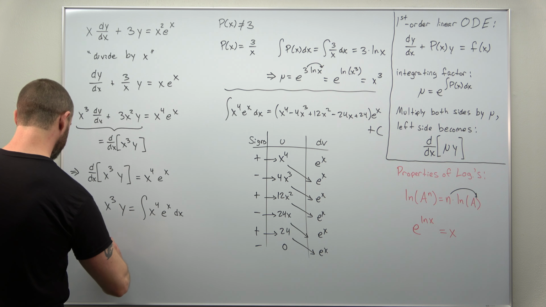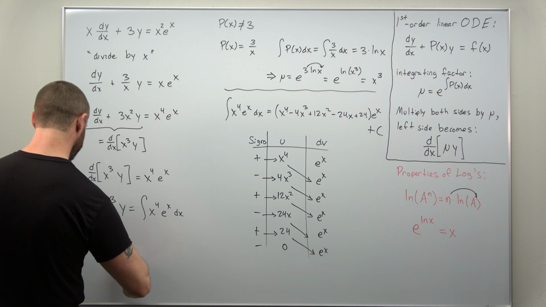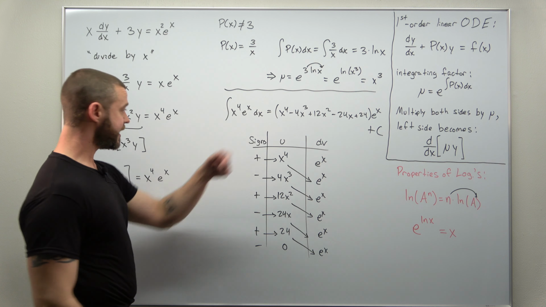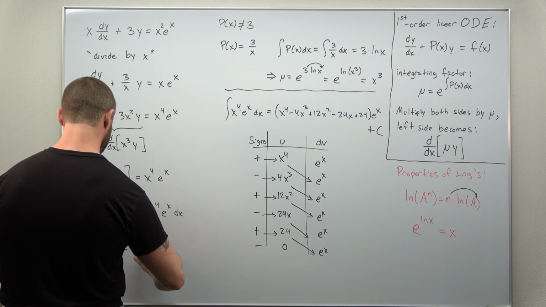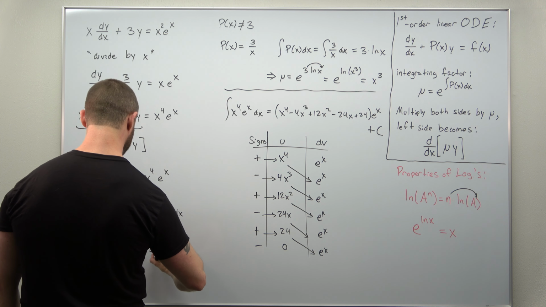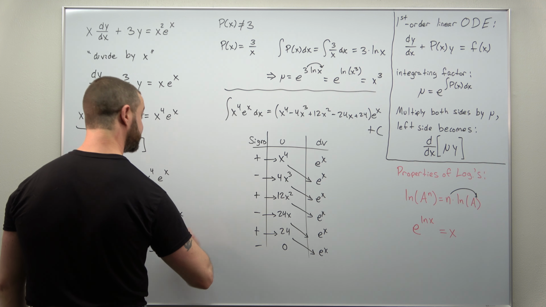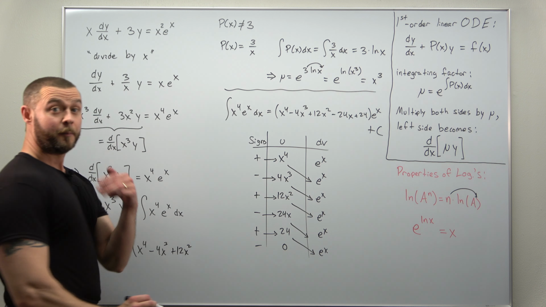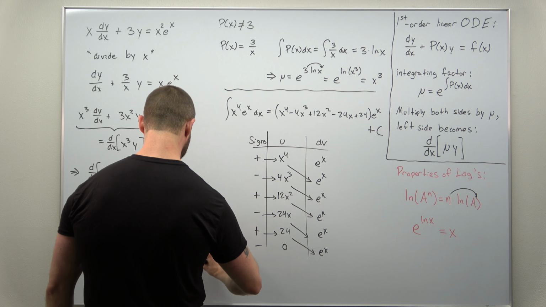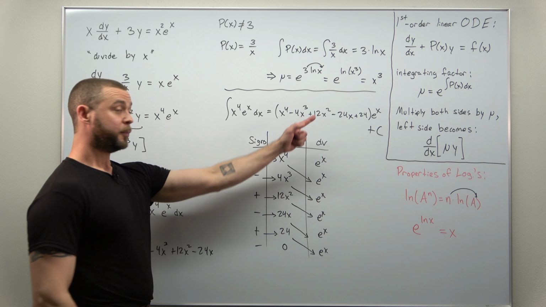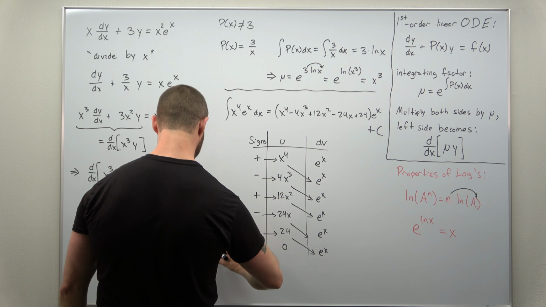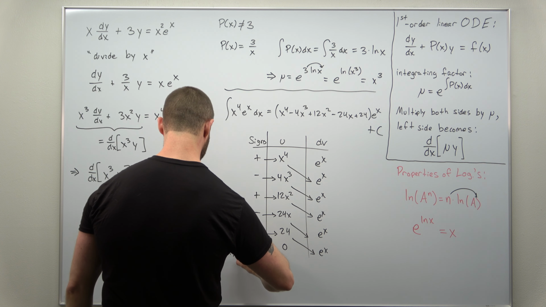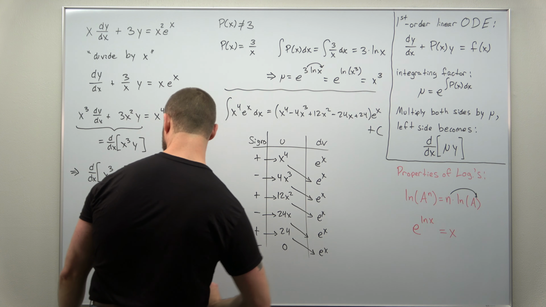And if we write this down, we get x cubed times y. And there's our antiderivative. x to the fourth minus 4x cubed plus 12x squared minus 24x plus 24 times e to the x plus c.